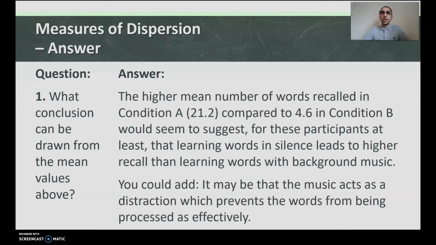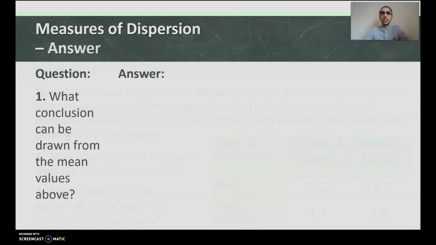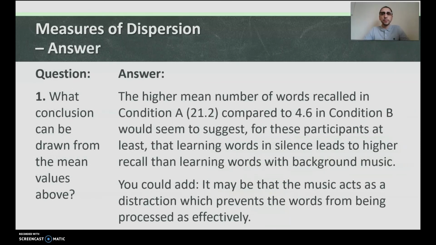The higher mean number of words recalled in condition A, 21.2, compared to 14.6 in condition B, would seem to suggest, for these participants at least, that learning words in silence leads to higher recall than learning words with background music.